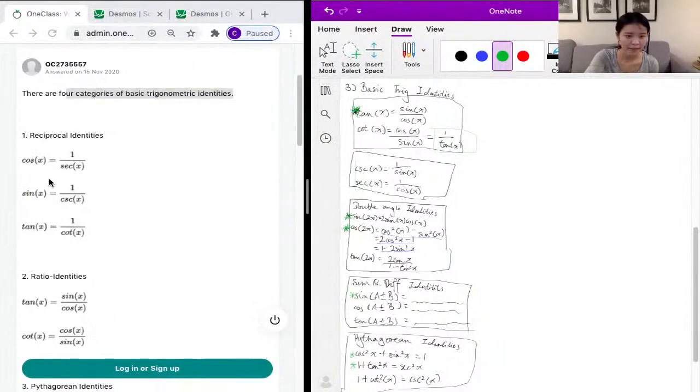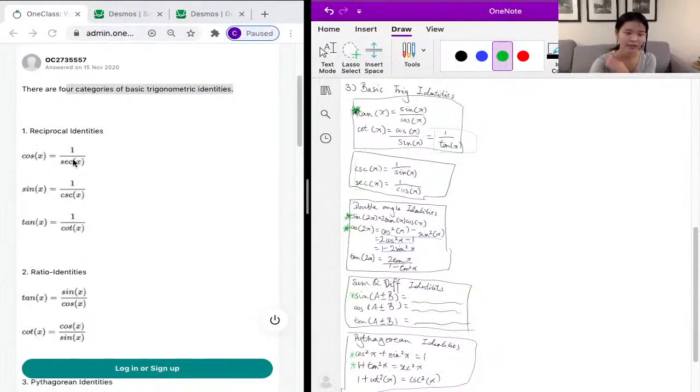Yes, the reciprocal identities. They basically wrote it the other way. We know that, for example, the cosine of x is equal to 1 over secant of x. If you multiply secant of x on both sides and divide by cos of x on both sides, we would get the formula written down over here. But essentially, this formula is the same as the one that we're given.